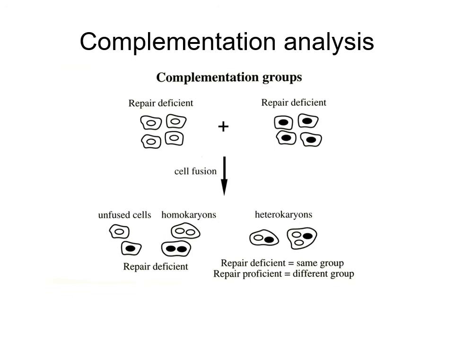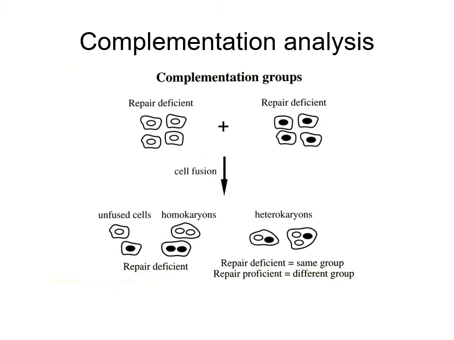We can fuse those cells together to make heterokaryons. That's what we call it. If a cell has two different nuclei, or more than one nucleus of different genotype, they're generally referred to as heterokaryons. Okay, so what's being tested here is whether the mutation on the left is the same as the mutation on the right, or if it's different.